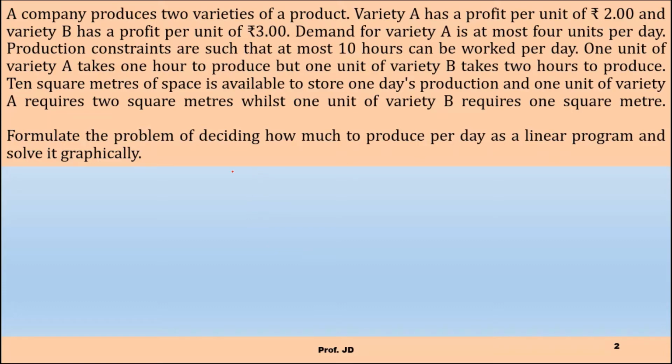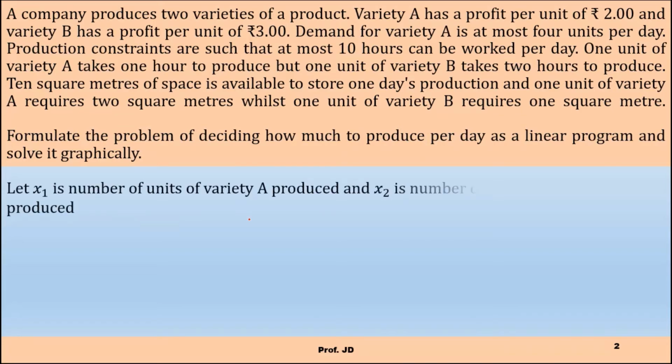Here, if we ask the question what to produce, then variety A and variety B are the two products being produced, right? So let's assume that x1 is the number of units of variety A produced and x2 is the number of units of variety B produced.